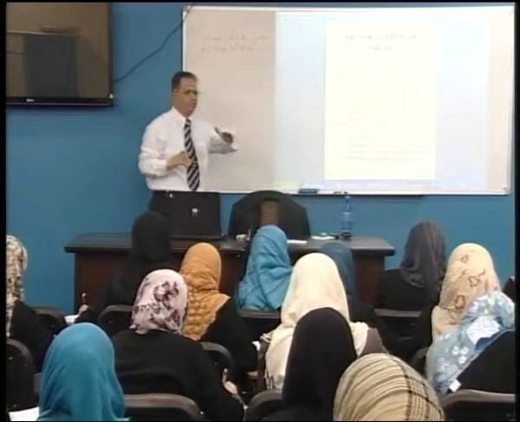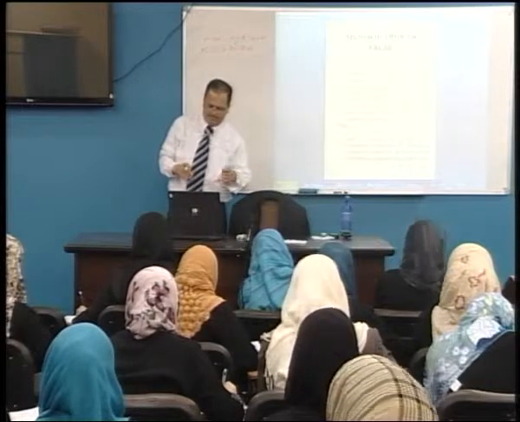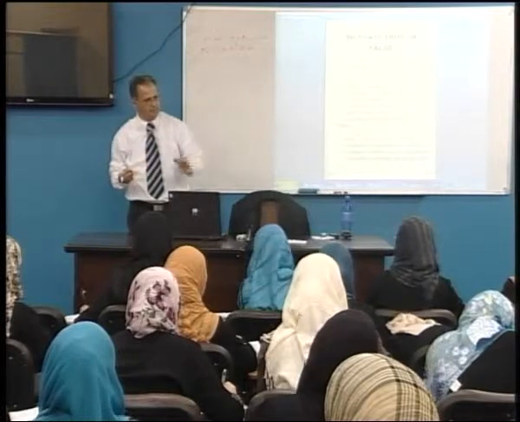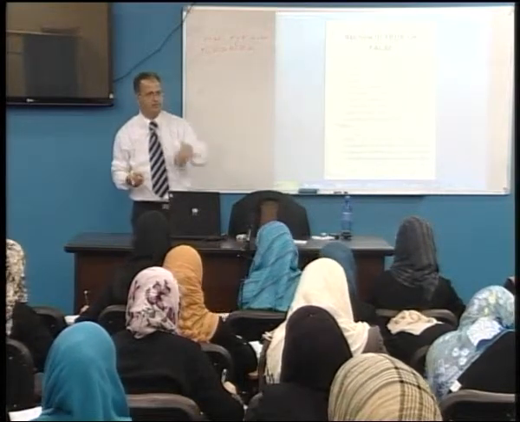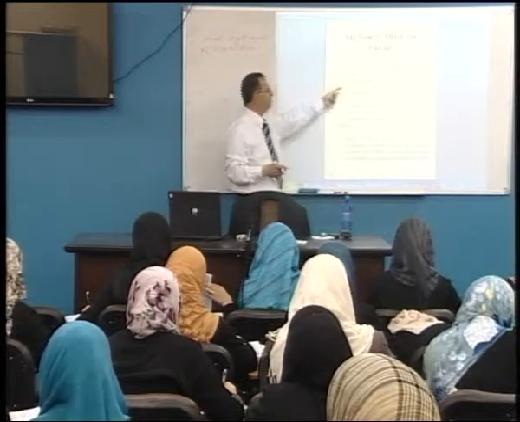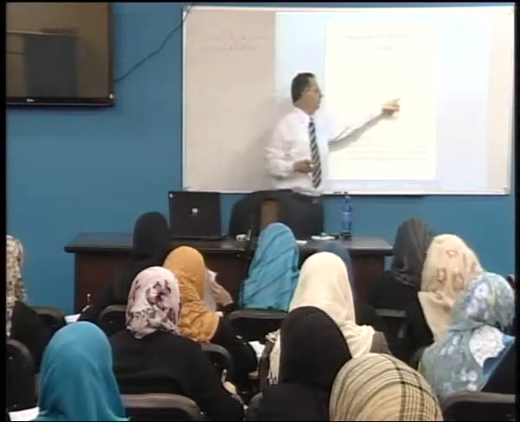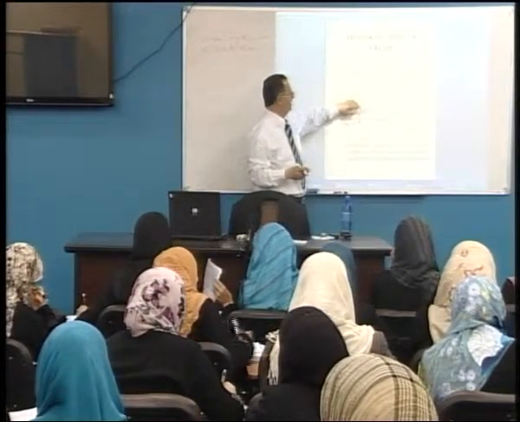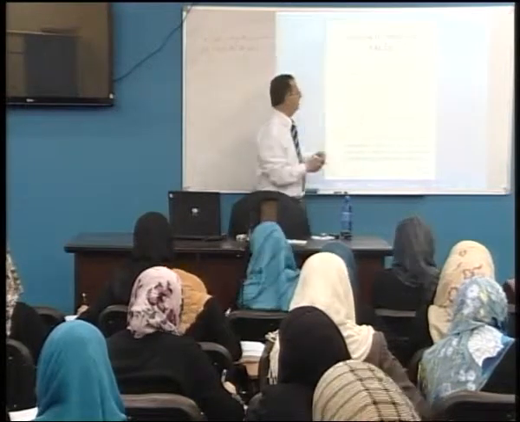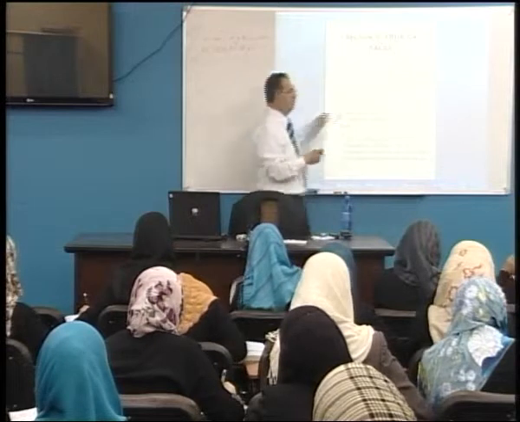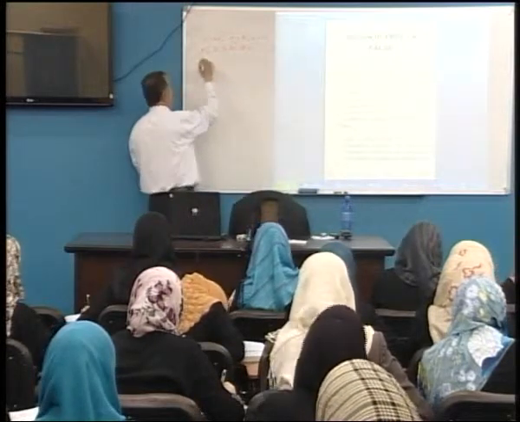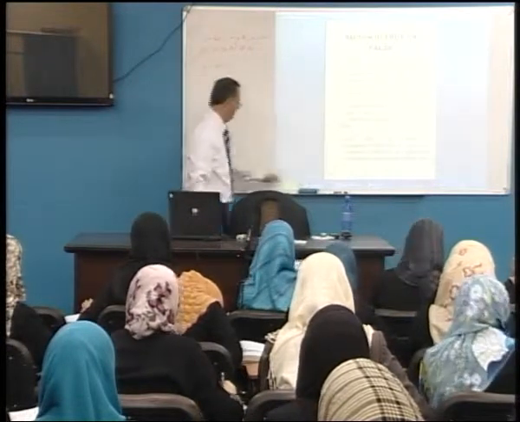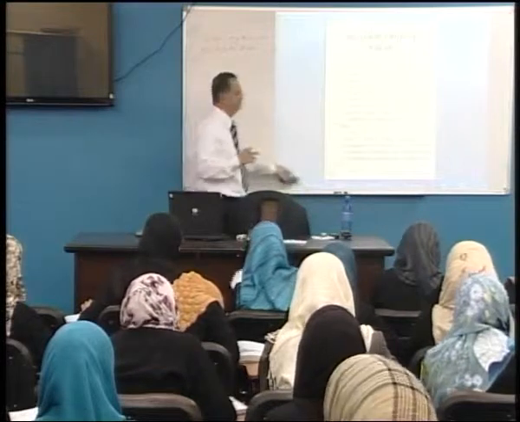So the problem says the amount of time it takes to complete the final examination is not normal, it's left skewed. Here we select a random sample of 64 students. The population has mean of 65 and standard deviation of 8.